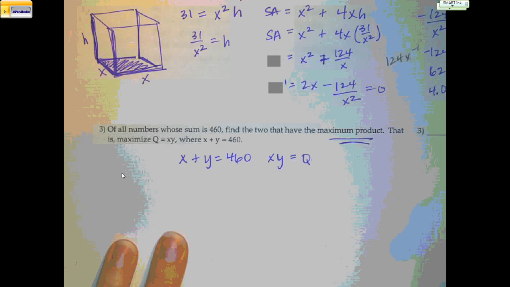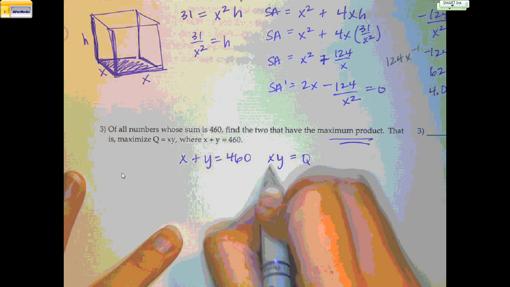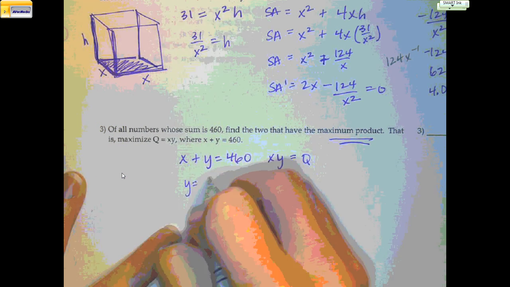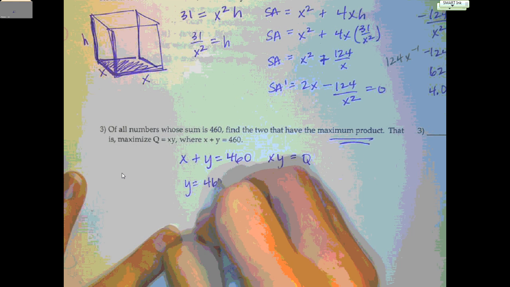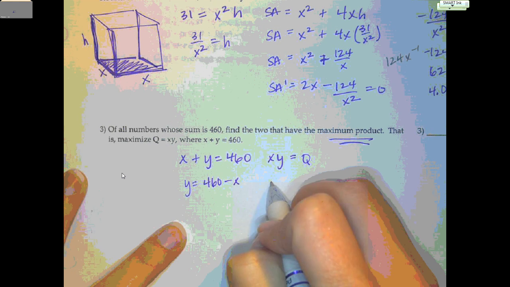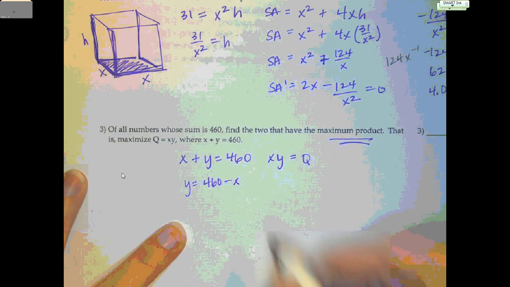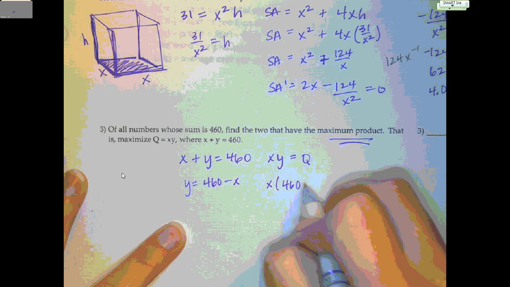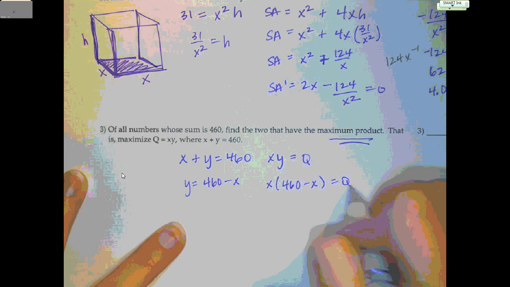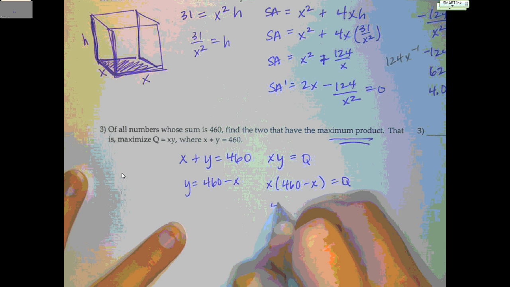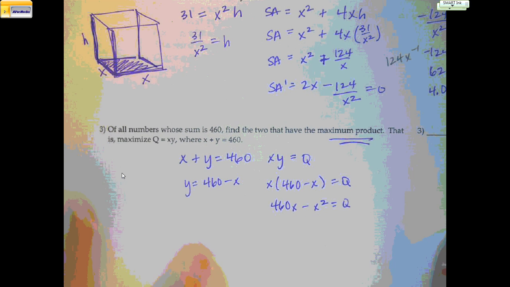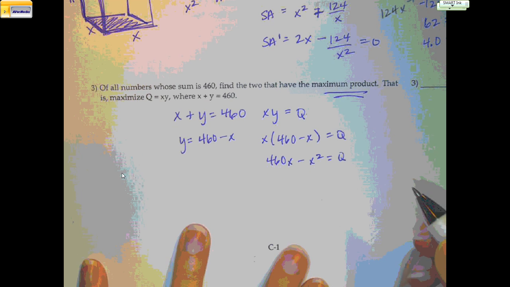Good. So we're going to use the one on the left so that we only have one variable going on over here. So we have y equals 460 minus x. So we have x times, instead of y, we have 460 minus x. I'm going to distribute. You do not have to, but I want to take the derivative, and this makes it a little bit faster.